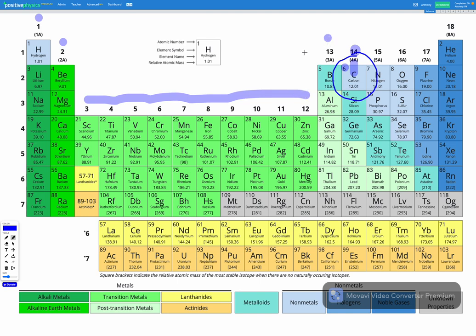And then we go to 13 over here. So in our first few periods, we actually skip out numbers 3 through 12. We go straight from 2 with beryllium to group 13 with boron. So you can see it would have 1, 2, 3, 4 valence electrons, and it would be in group 14. On the other hand, beryllium is in group 2, and that would have 2 valence electrons.